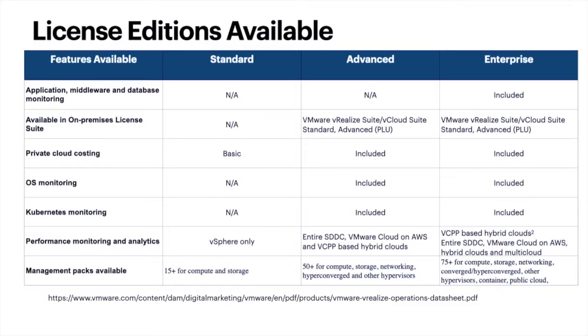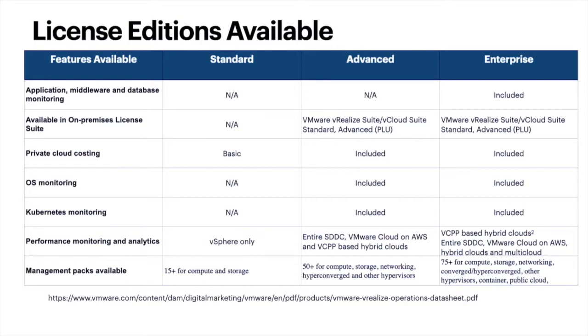And as you are aware, every metric is monitored or collected by using management packs, and with the Standard edition we get 15 plus for compute and storage only, and 50 plus management packs come along with the Advanced edition.